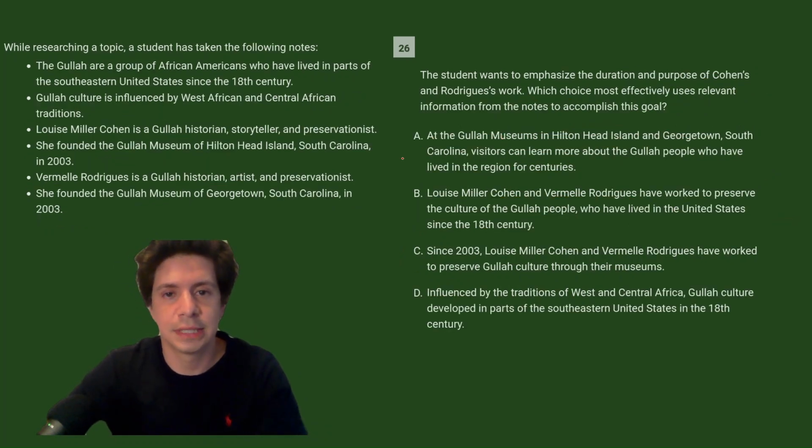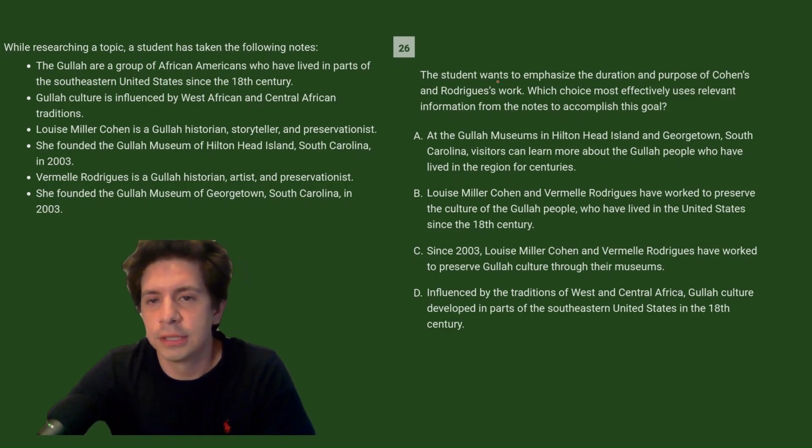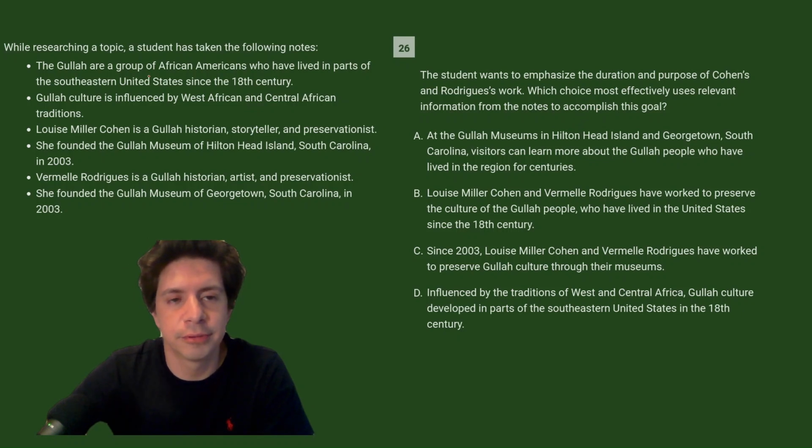Okay, now this is 26 from Module 2B. The student wants to emphasize the duration and purpose of Cohen's and Rodriguez's work. Which choice most effectively uses relevant information from the notes to accomplish this goal? So duration and purpose, okay. The Gullah are a group of African Americans who have lived in parts of the southeastern United States since the 18th century.